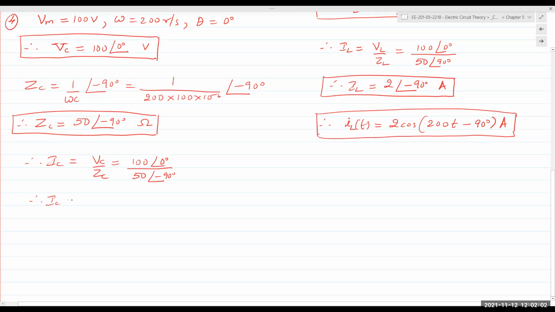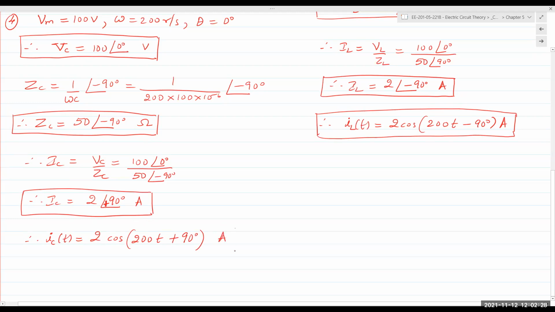Therefore, IC is 2 with an angle of plus 90 amps. Therefore, IC of t is 2 cos of 200t plus 90 degrees. And that is your final answer in the time domain.